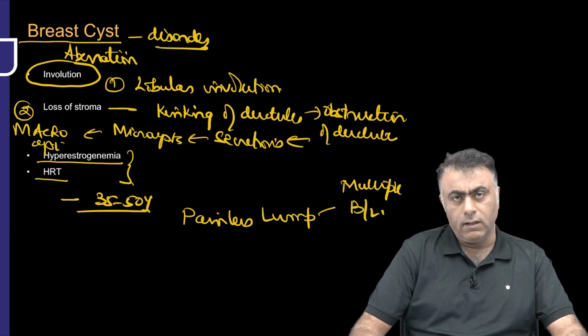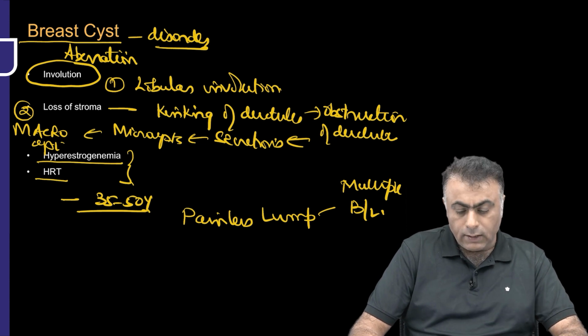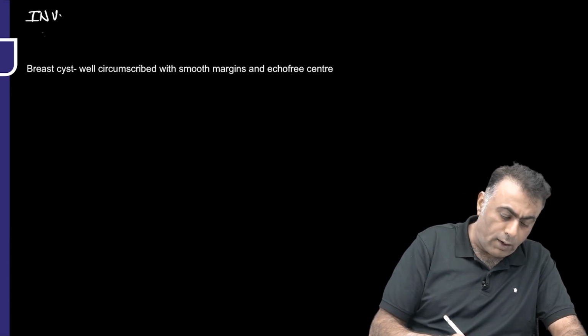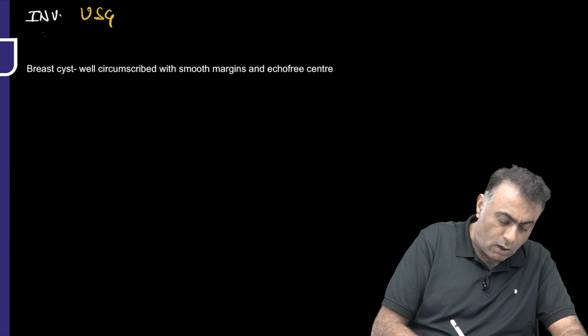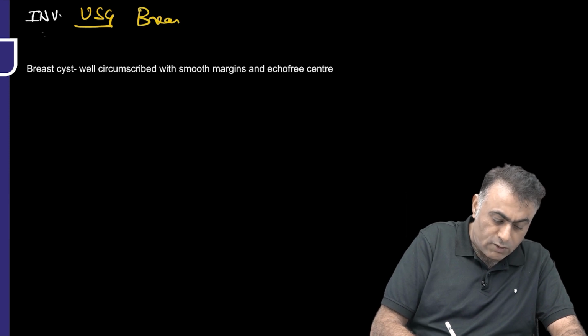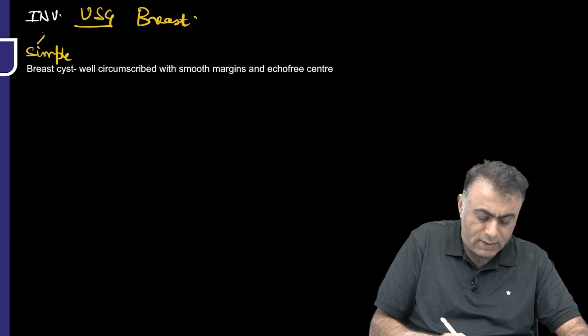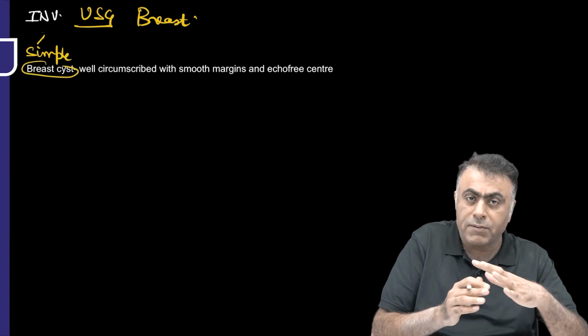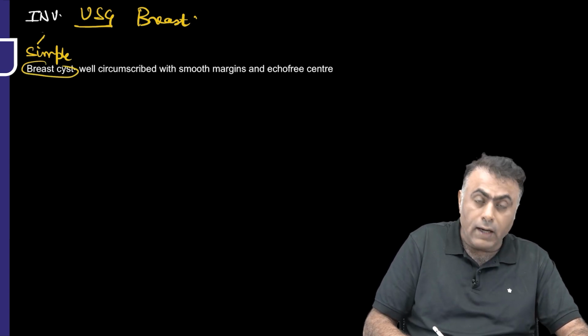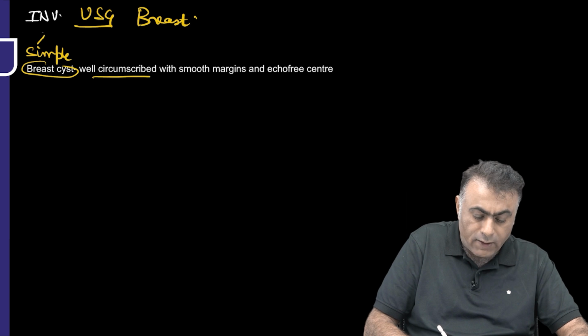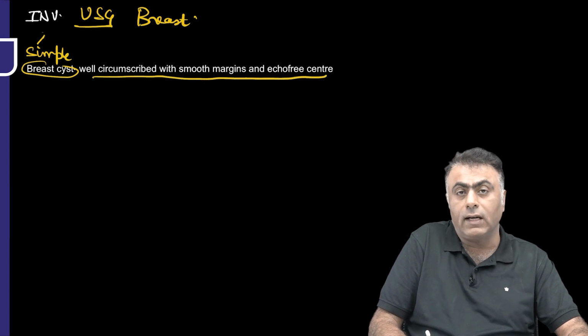How do you investigate a patient of breast cyst? The investigation of choice is a simple ultrasound of the breast. On ultrasound, a simple breast cyst, that means an absolutely pure breast cyst, is seen as well circumscribed with smooth margins and an echo-free center.